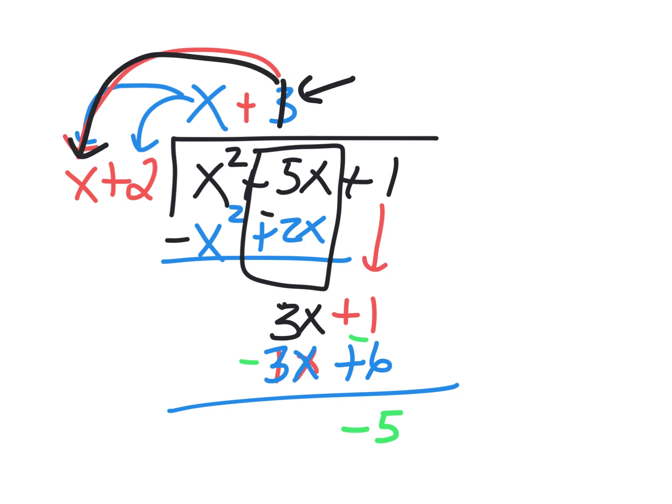Because I go 1 times x is 1x, and I put a 1x right there, and a 1x and a 3x aren't matching up. So you got to play with that number until you find one that works. Like 3 works because this 3 times this x makes 3x, and that matches up with this 3x. So that's how I know that it worked.